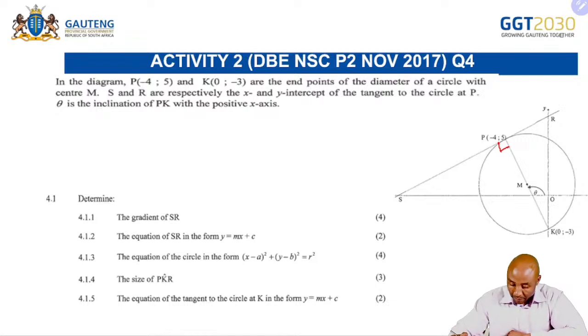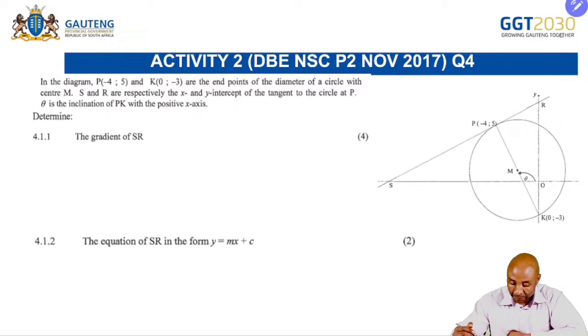Now, we need the gradient of SR. And if you look at the question and the information, you are able to see that SR is a tangent, and you are able to see that PK is a diameter. So, to make our life easy, we are aware that the tangent is perpendicular to the diameter or radius.